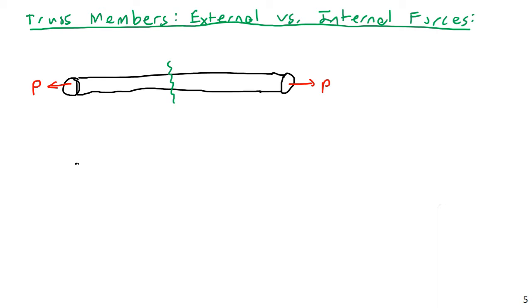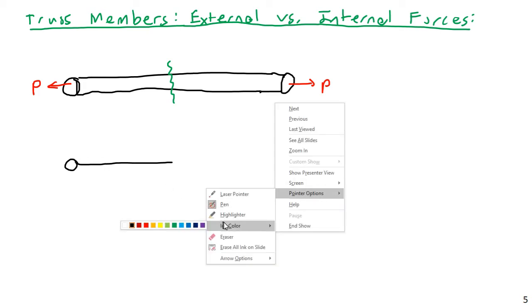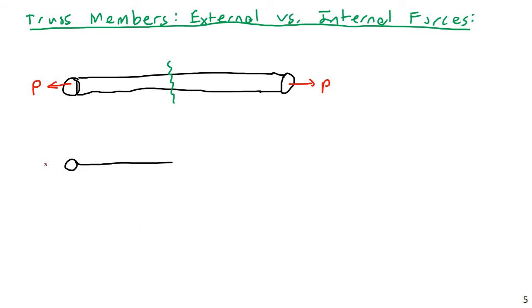So if I have this truss member with a pin support here and a force P here and here, P, and then I have, oh no, I forgot my internal forces. What kind of forces can exist in a member? Shear and moment. Anything else?